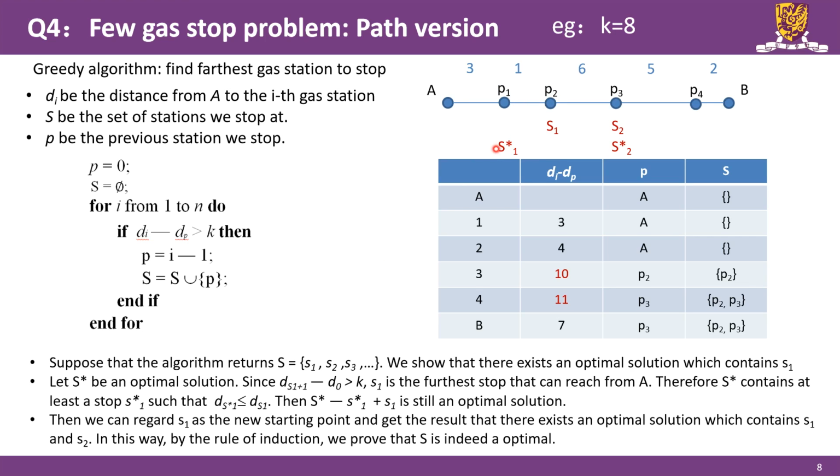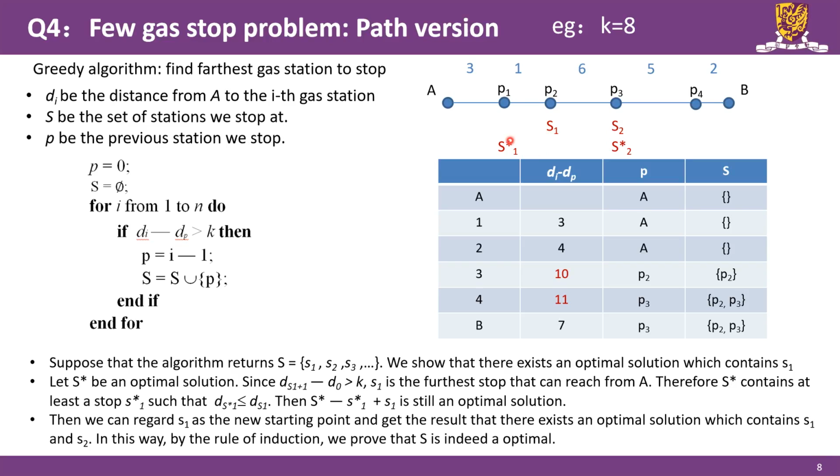Then for this optimal solution, suppose we delete S1 star and add S1, then this is also an optimal solution. So if we exchange the first gas stop in the optimal solution to what the algorithm returns, it's also an optimal solution.